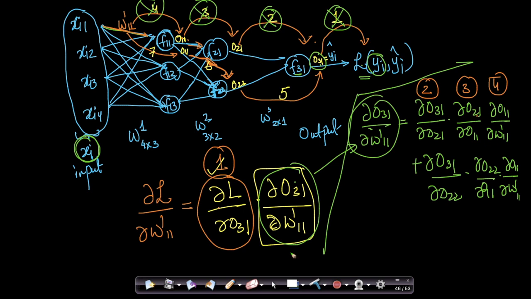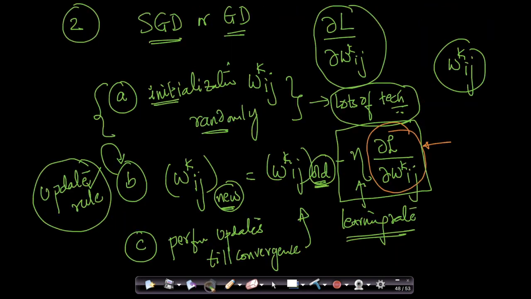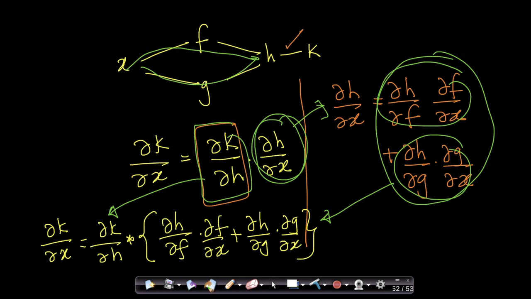So now if you put everything together, what do you get? Let's write it down. It's slightly tricky, but let's write it down. Okay. So for W1, what do you have?